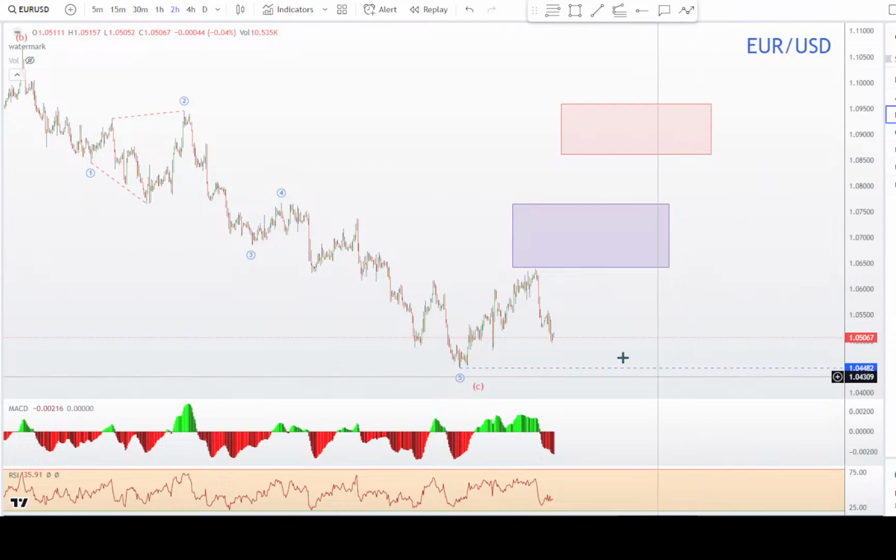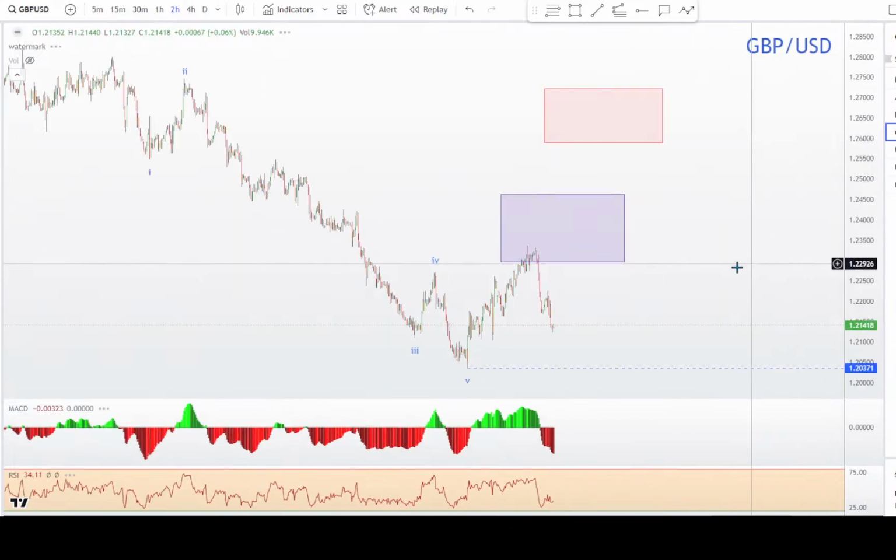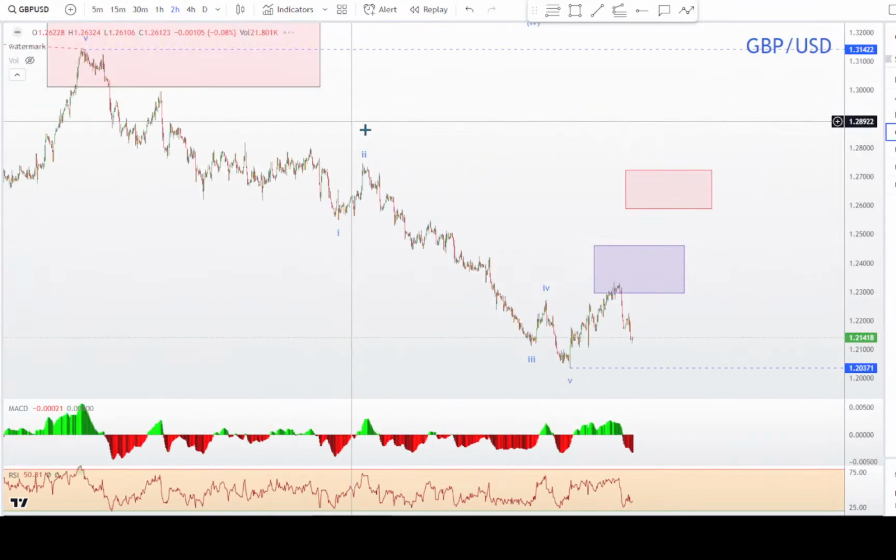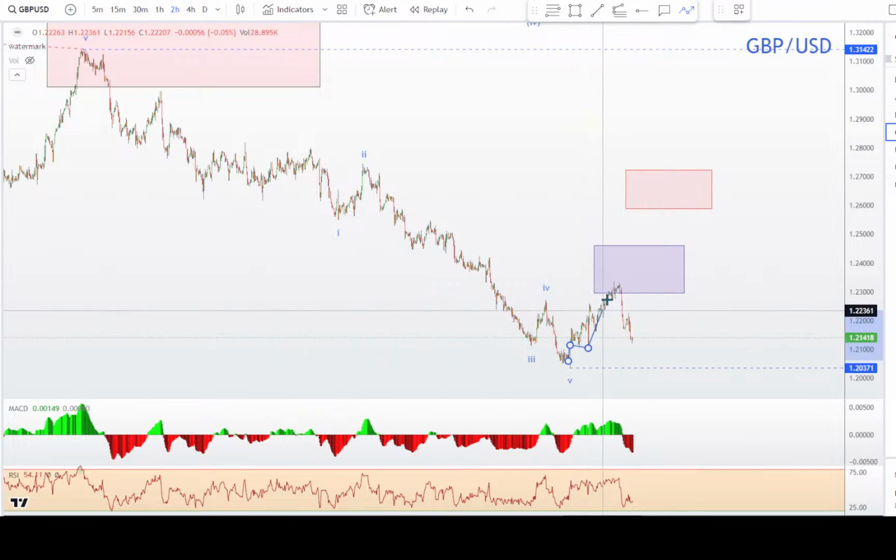So that's the euro, and then the pound. It's going to have the same thing, but as I said, I've got this as a five-way move down. So I think this has to give a correction now, just like the euro. You got that three-wave move up, and you get the exact same pattern down. You got three down.